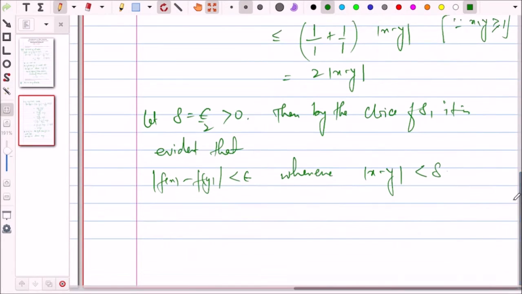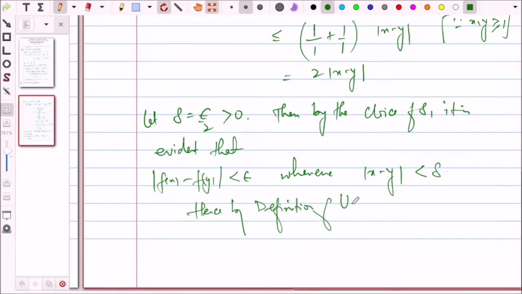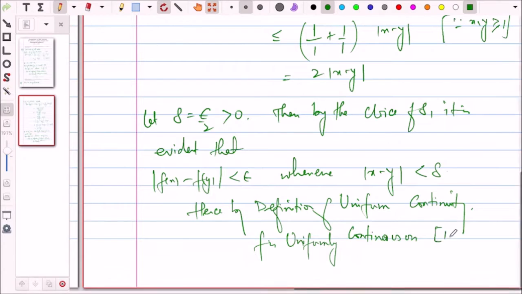Hence, by the definition of uniform continuity, f is uniformly continuous on [1, ∞).